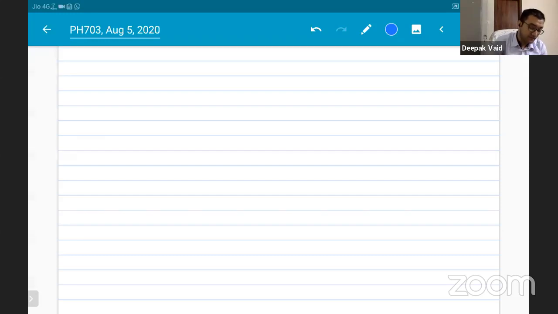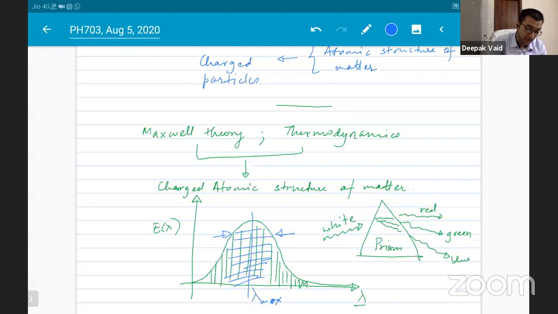Now, so we have this atomic structure of matter, right? This atomic structure of matter leads to this question of black body radiation. And the question of black body radiation, now, again, I don't want to go into too many details because most of you have seen all of this before.